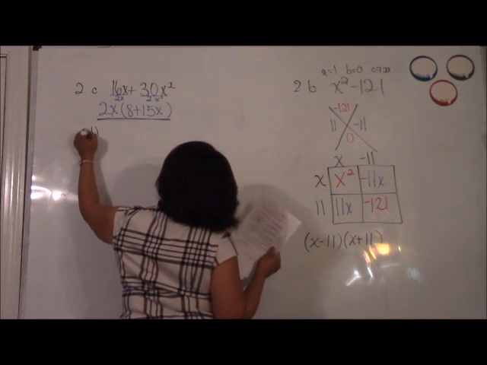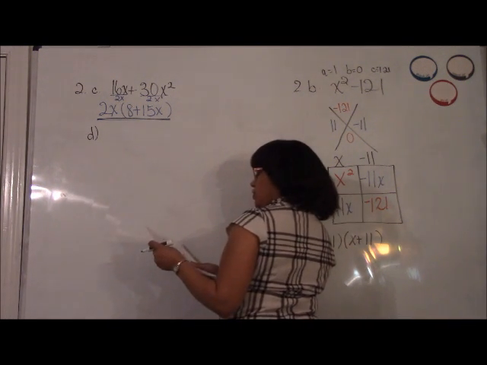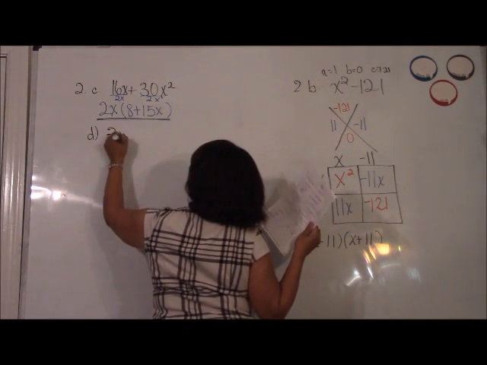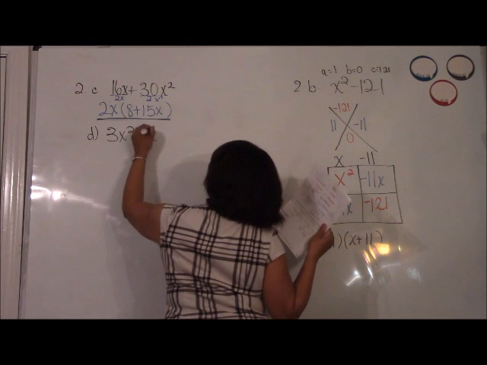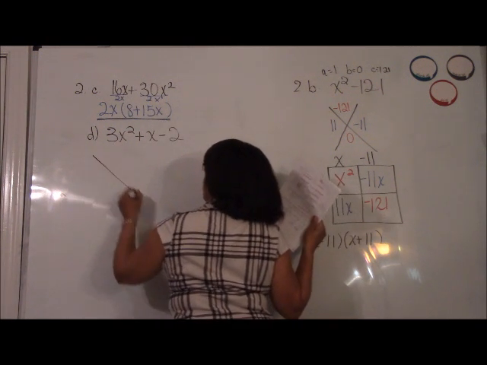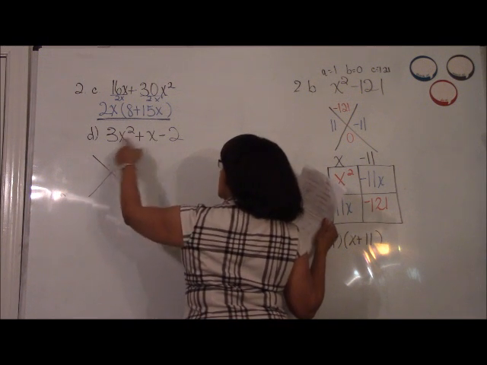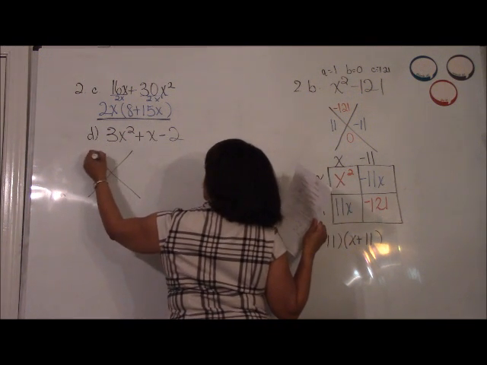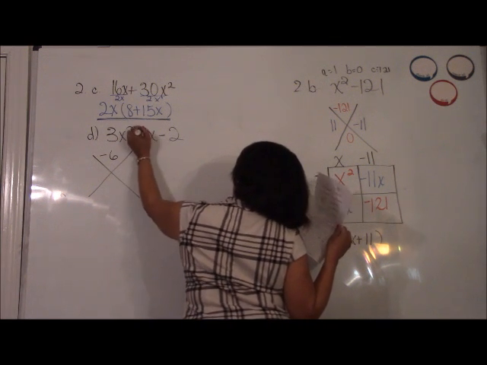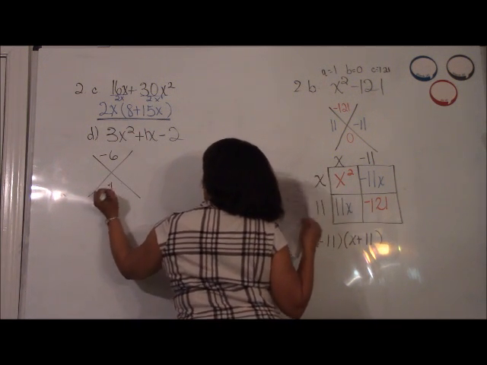Let's go to 2D. For 2D, we want to factor 3x squared plus x minus 2. I like this one because it has a coefficient of 3 there, so it'll be a little more challenging. So first times last is 3 times negative 2 is negative 6. Well, our magic number is 1, so we bring down 1.